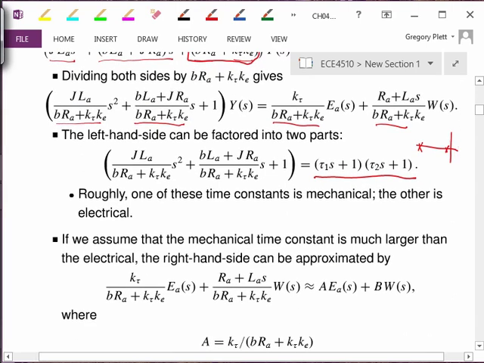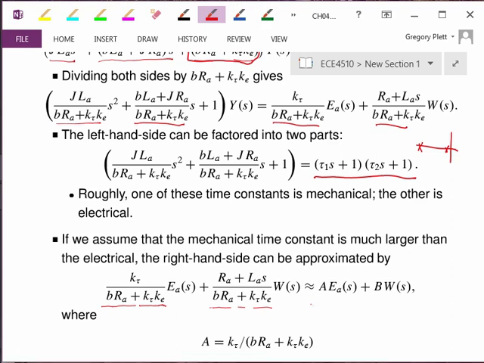Looking at the right-hand side of the equation, I've got the k tau over B times Ra plus k tau Ke, all times Ea, and I've got a term multiplying W. Very often when we're working with these equations, people look at this and say, well, because the mechanicals are so much slower than the electrical, we can often even remove the inductor completely from the circuit and not worry about that.